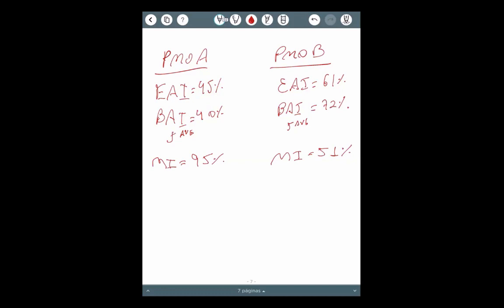My question is, which PMO will be one of the PMO of the Year finalists and in 4 months will be shut down? Which PMO has the higher chances to be one of the finalists of the PMO of the Year awards and in 3, 4, or 5 months be shut down? PMO A or PMO B? What do you tell me?